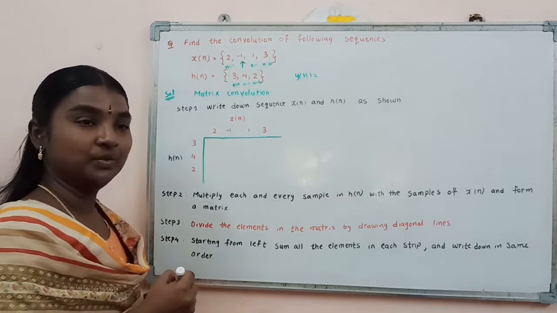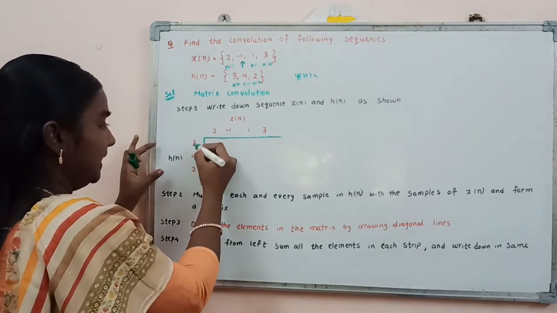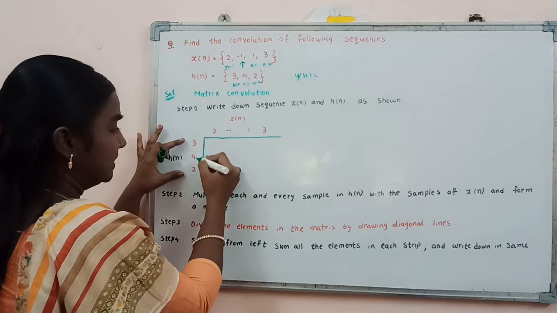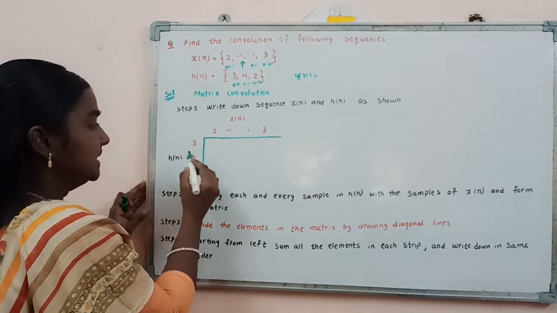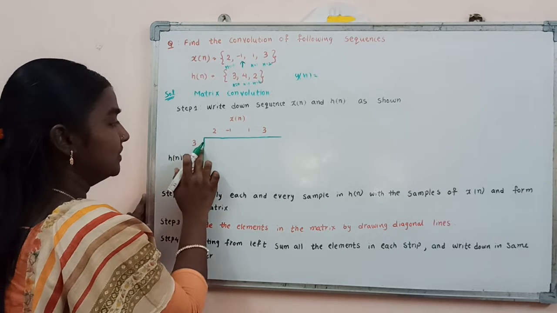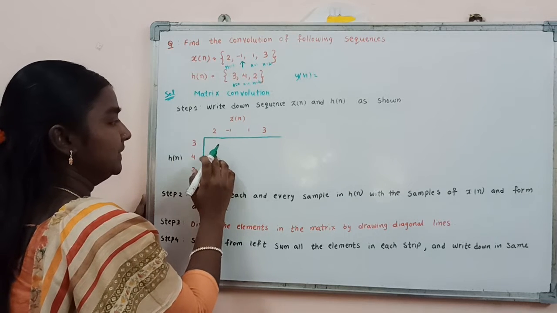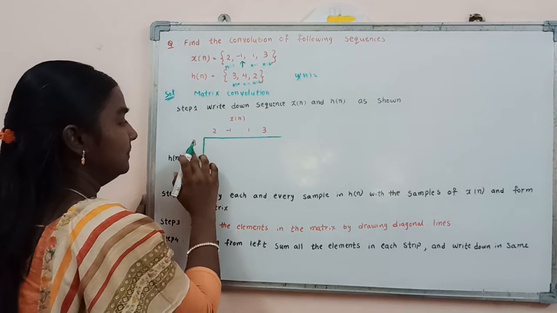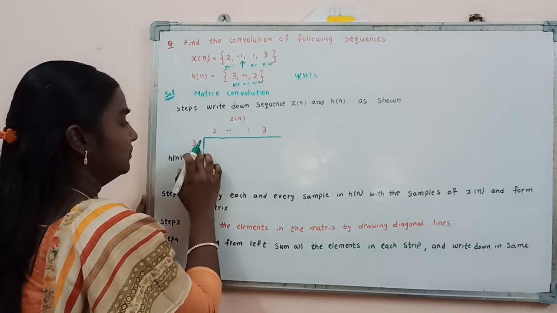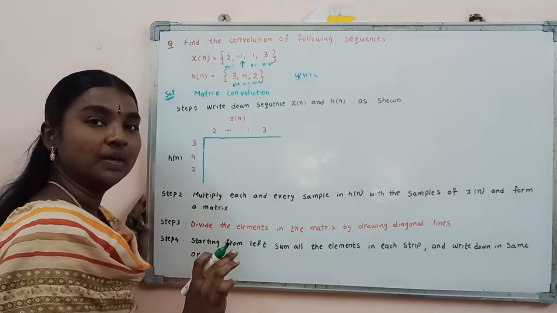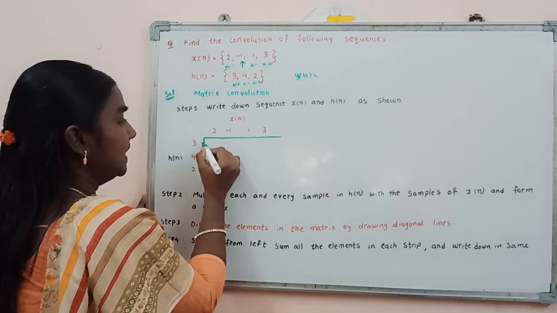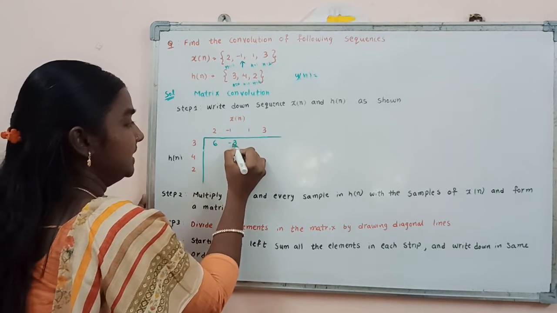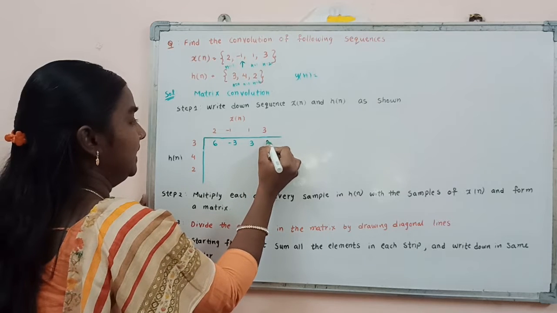Here we need to multiply each amplitude of h of n with the x of n amplitudes. Firstly considering the first row, first column, then first row, second column, first row, third column, first row with fourth column. So we obtain 6, -3, 3 and 9.